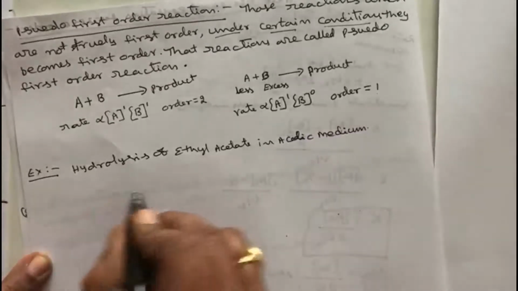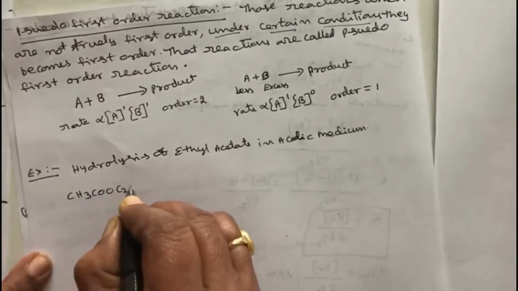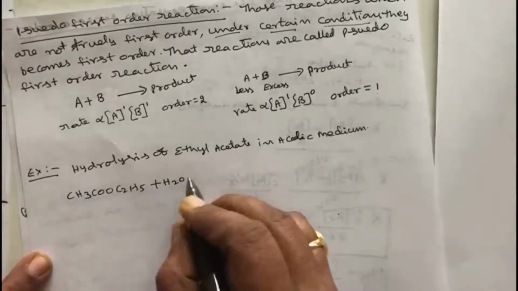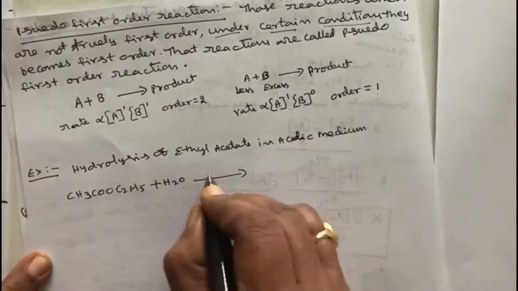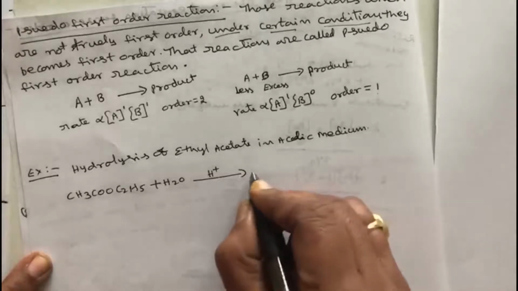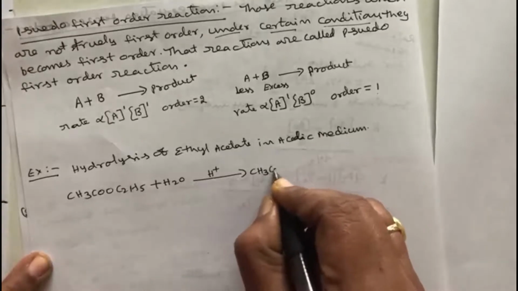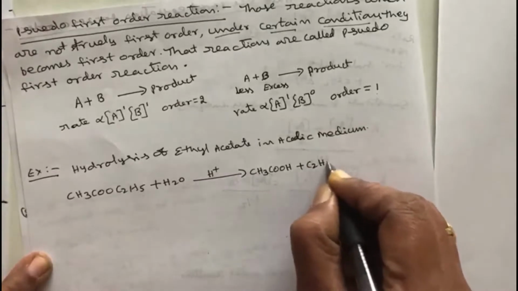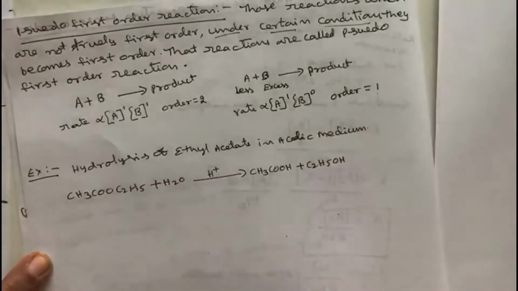I write the equation for that. CH3COOC2H5 hydrolyzed with water in presence of acidic medium, we get acetic acid CH3COOH plus C2H5OH.